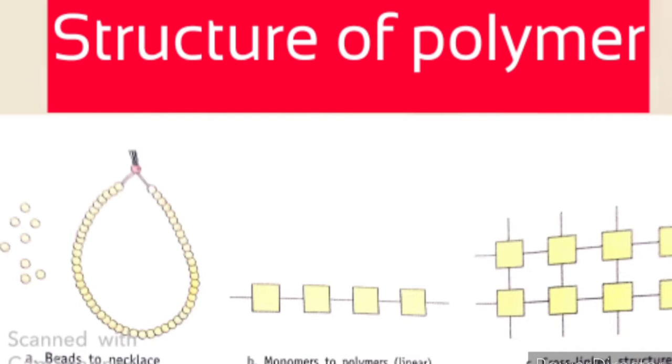And cross-linked means they are not attached in a linear chain, they are cross-linked to each other. Maybe with some group on the top or some group at the bottom, this way they are attached. So the polymer can be either a straight chain or linear polymer, or a cross-linked polymer. Okay, so this is what we talk about the polymers.